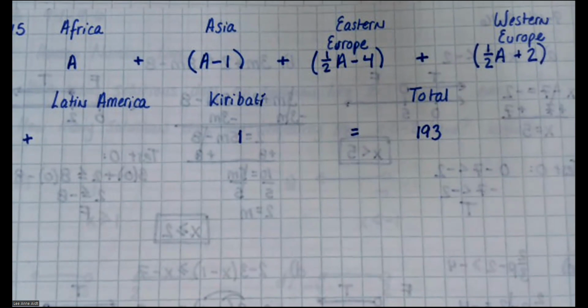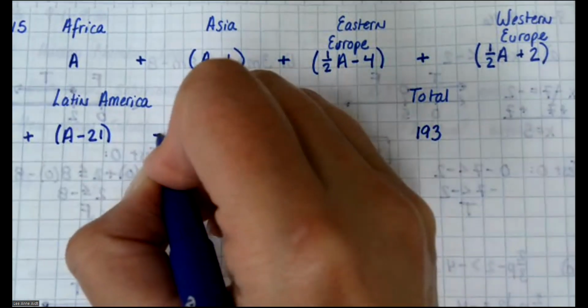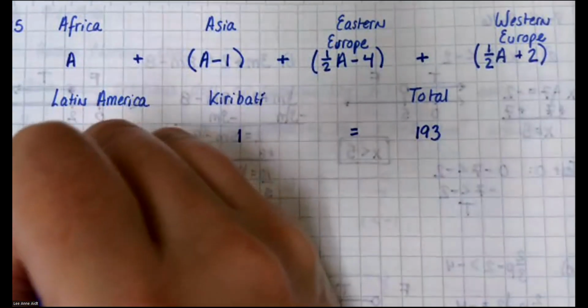The Latin America group has 21 less than the Africa group. A minus 21. Okay. Plus 1 equals 193. All right, so come down here.